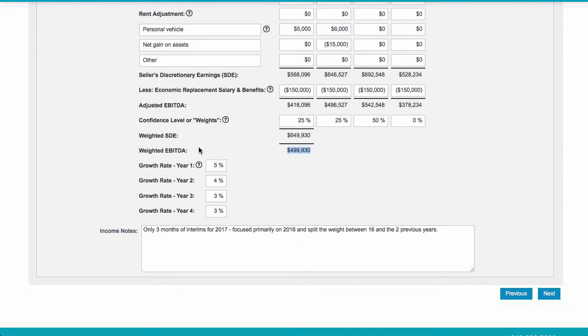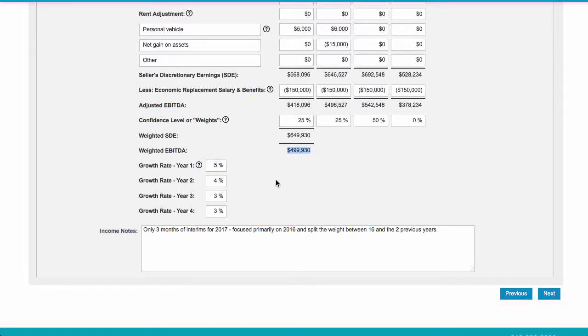One quick note, if you mouse over the question marks, you're going to get hints on what to do and how to use that particular section. So in this particular case, it says, first year could be based on annualized calculation from the interim or an actual projection. Growth rates can be negative as well.